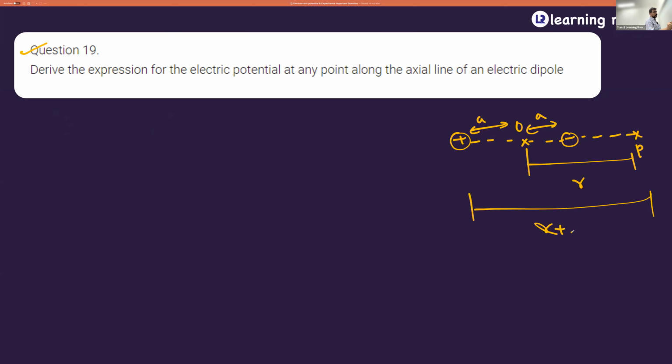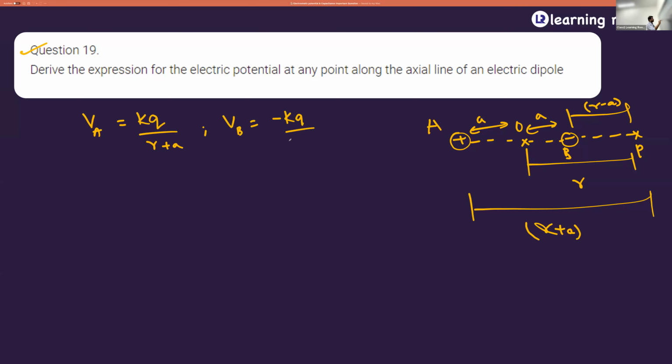It will be R plus A. And how much will this distance be? It will be R minus A. If I take this to be A and B, what is the potential due to the charge at A? It is KQ divided by R plus A. What is the potential due to the charge at B? It will be minus KQ divided by R minus A.